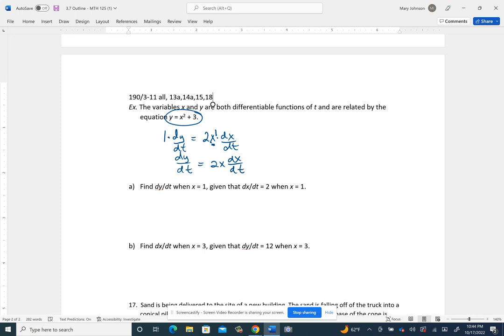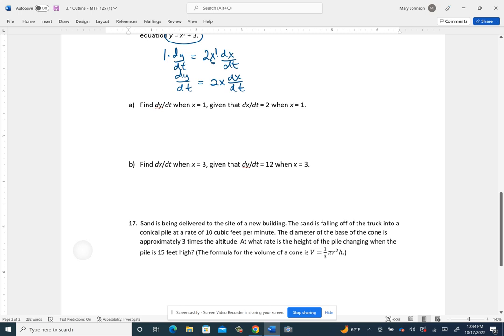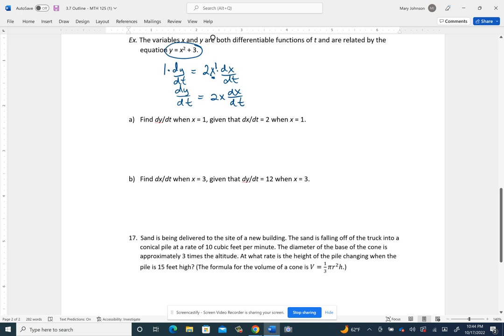All right, now let's look at the two problems that we're going to be asked to do. On this one, we're going to take this formula that we just found, and here we're being asked to find the derivative of y with respect to t. So we know x is 1.